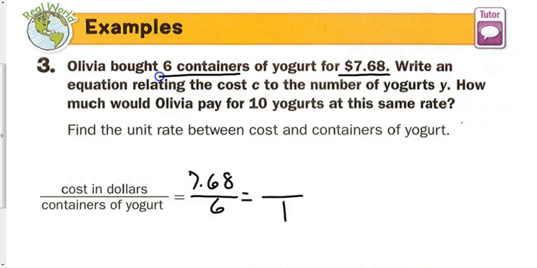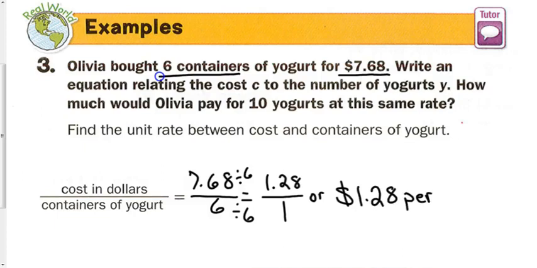To get 6 to 1, divide by 6. That gives us 1. We'll do the same thing to the numerator. What's $7.68 divided by 6? That comes out to $1.28, or as we could write it, $1.28 per container.